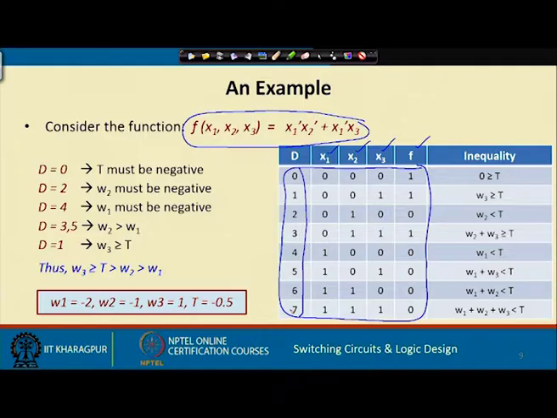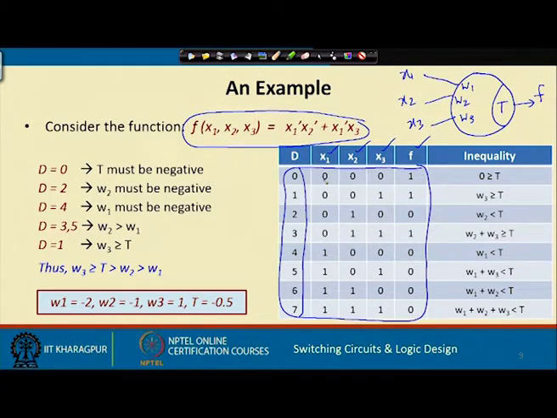Now, suppose I am assuming that I can build a threshold gate to implement this function. So, the inputs will be x1, x2 and x3. My weights will be W1, W2 and W3. There will be a threshold T and the output will be f.